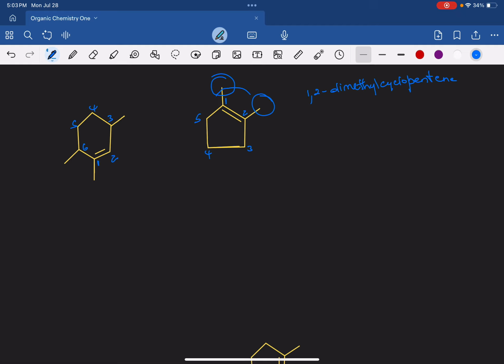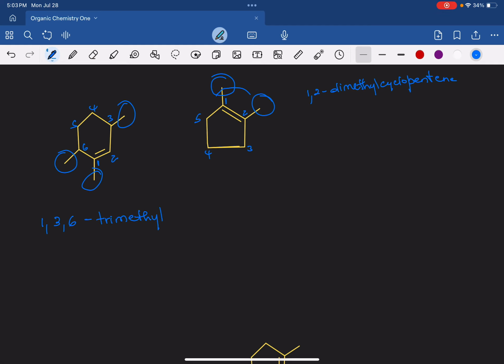So let's talk about how we name this. I have 3 methyl groups actually: there's 1 here, 1 here, 1 here. So it's going to be 1, 3, 6: methyl group on 1, 1 on 3, 1 on 6. Since it's 3 groups that are the same, trimethyl.